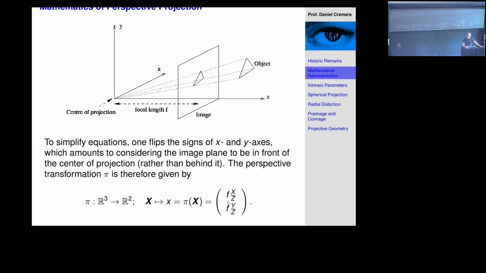And then you have a scaling with what's called the focal length of your sensor. That is basically the distance in a pinhole camera, the distance from the camera center of projection to the screen is called the focal length. And with cameras you can set the focal length, it depends on the lens that you use.